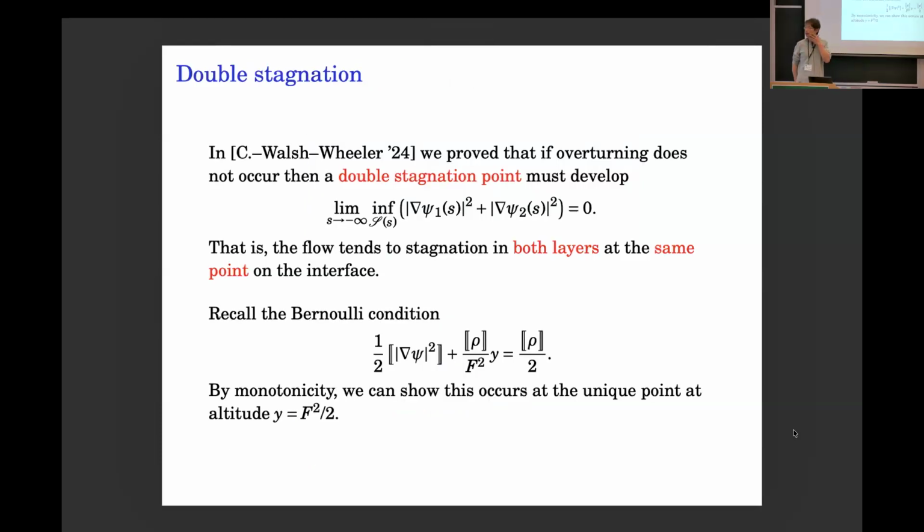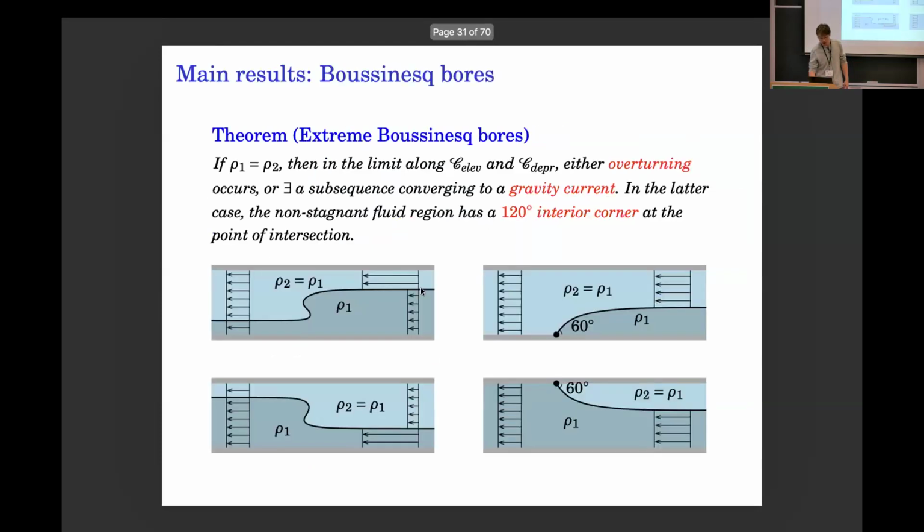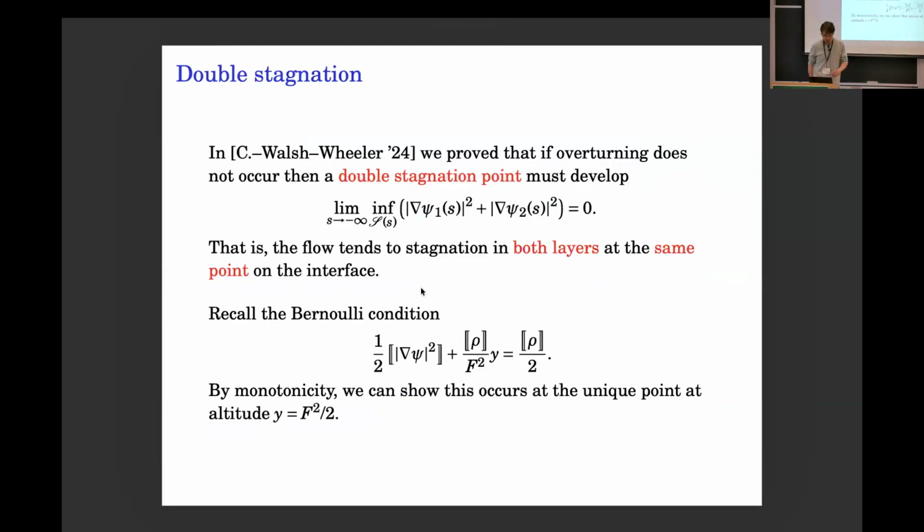Let me start by explaining a little more about the existence result. Remember, let me get back to this slide. Here I said that at the end of the bifurcation branch, you will see a stagnation from either or both, but you can't tell. But one can in fact do better.